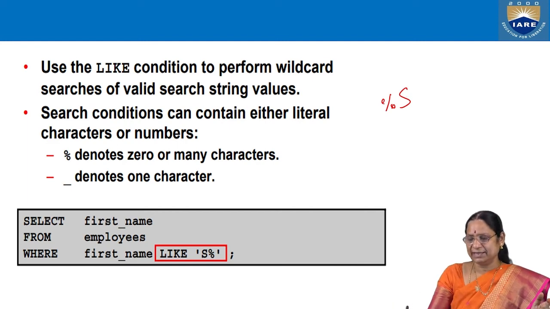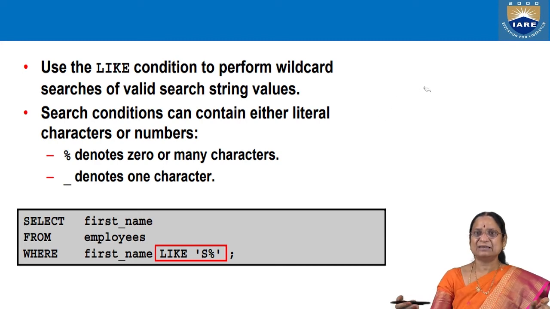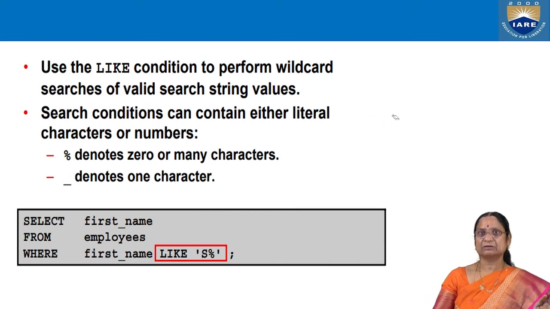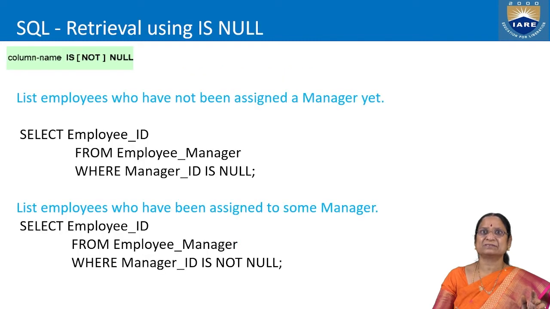Percentile. Many characters may be there, but the last character must be S. So first name is LIKE percent S. Or start with S, then S is the first character, remaining are percentile. We can combine pattern matching. Underscore, percentile, extra combinations are possible for us.